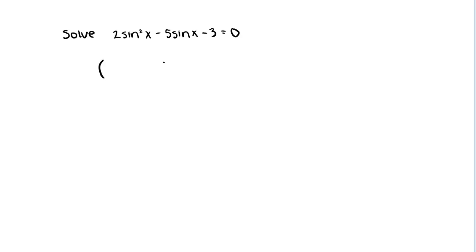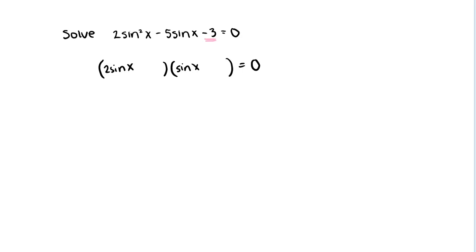So here, if this is going to factor this left-hand side, well, I know I'm going to need a first term of 2 times sine of x and sine of x, so that these two would multiply and give me that 2 sine squared of x. And then so if I'm going to get this minus 3 out for my constant term, I'm going to need a plus 1 and a minus 3, or a plus 3 and a minus 1.